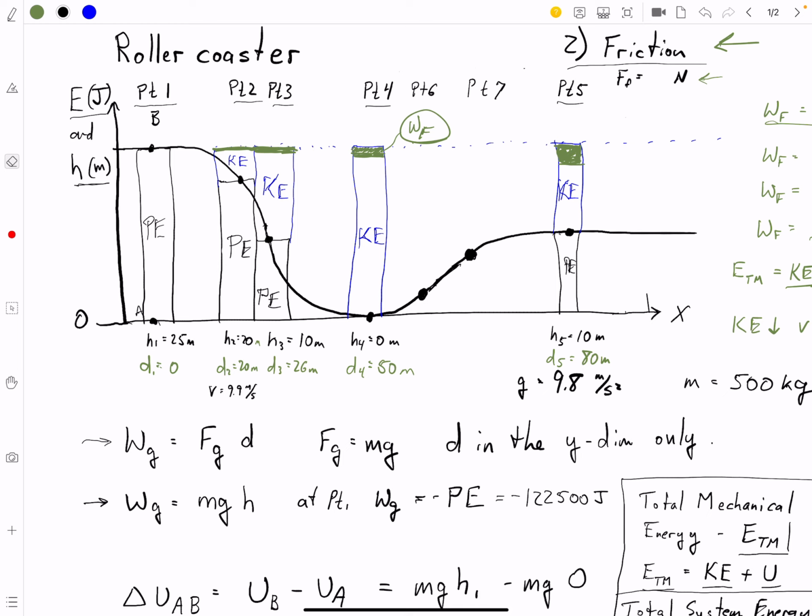Okay, so 1120 newtons is now our force of friction. I don't know if you guys saw me write that, but it's right here. Okay, so we have now increased our force of friction to 1120.